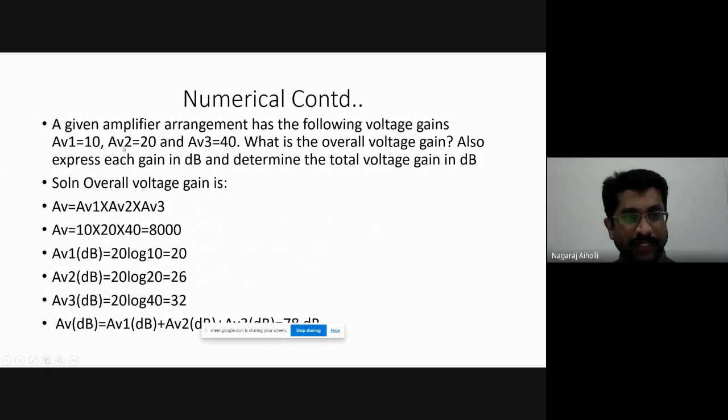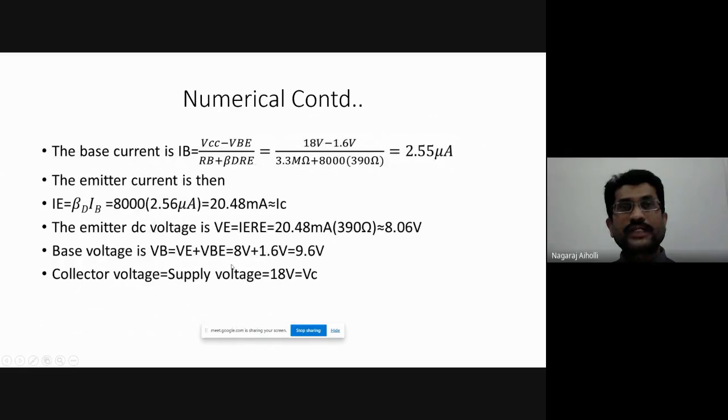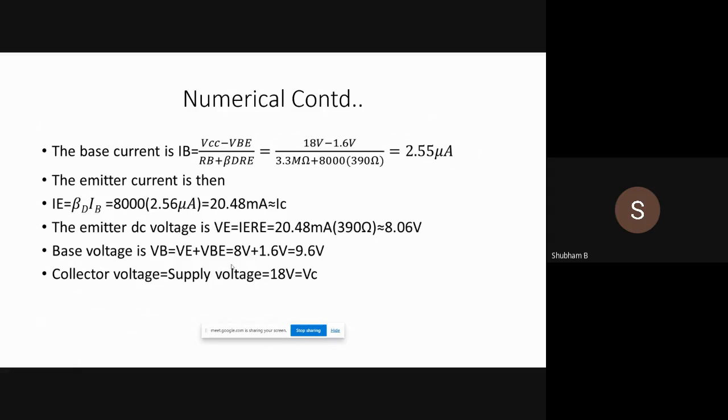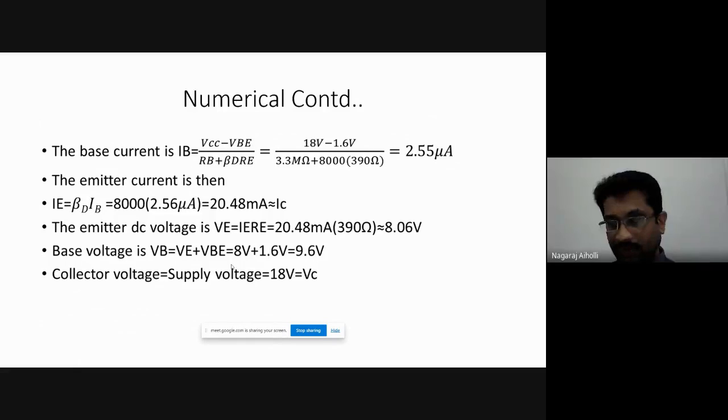Similarly, for the second one, the gain value is 20. The formula is 20 log the given gain value to the base 10. It is 20 log 20 to the base 10. Calculate how much it is. Sir, 26.02. Very good.